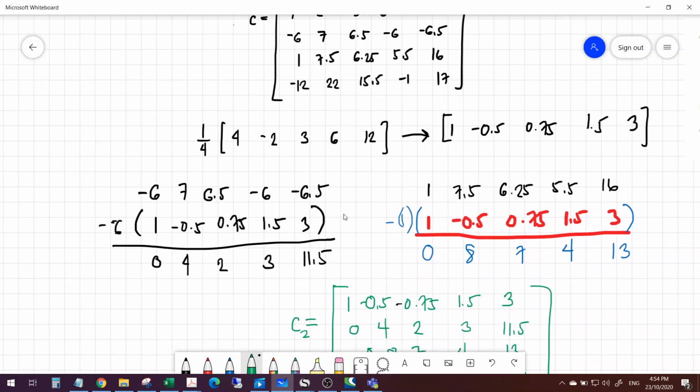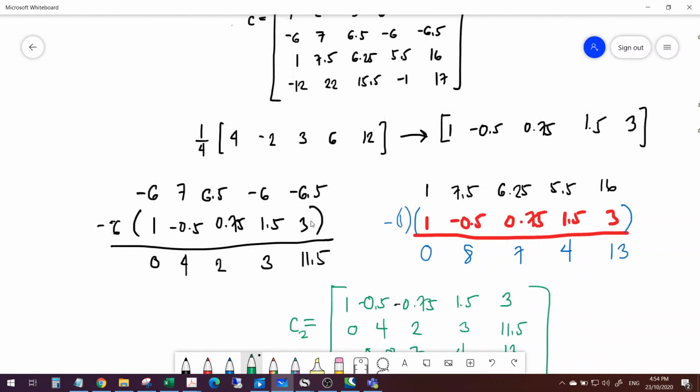Now similar to what we did with Gaussian elimination, find the multiplying factor in our normalized row matrix so that when we subtract these two, this becomes 0. What is that? In this case, the multiplying number is negative 6.